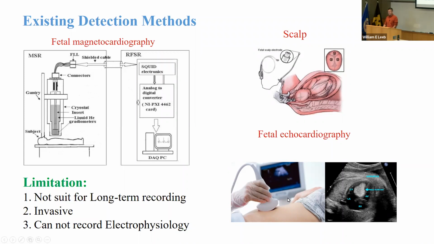And for fetal echocardiography, we use ultrasound, so we cannot detect the electrophysiology of the fetal heart, and electrophysiology is most important for a clinical doctor to detect disease in the fetus. So these three methods each have their own problems.